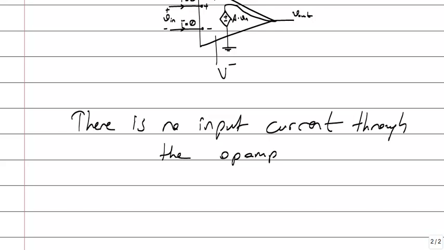It does not need any input power. It gets the power from the DC sources. You apply some voltage, but you don't need to give any current, and your signal will be amplified. Yes, there is a very high impedance at the input, high resistance, so there is no input current.